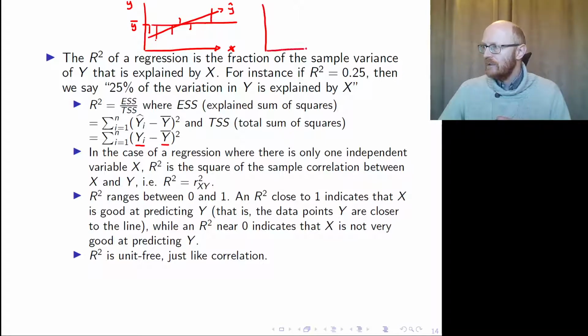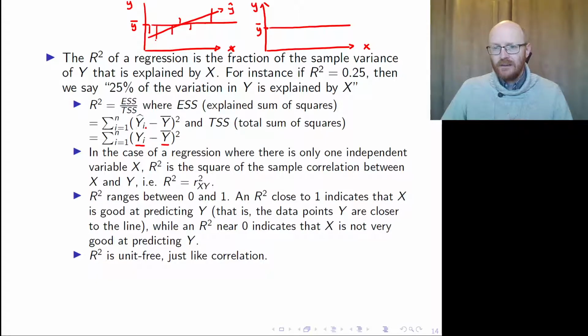And the explained sum of squares is a bit different, okay? It's the y bar here, the average of y, but it looks at the fitted line for that x value minus the average. So it looks at the fitted line.